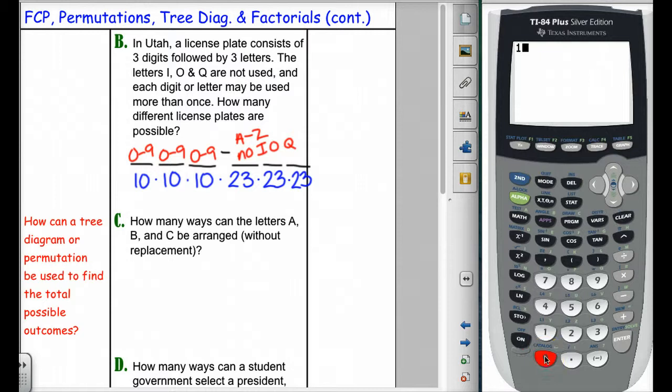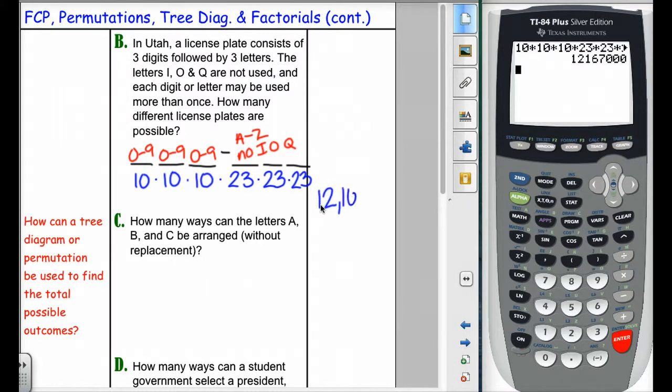If we take 10 times 10 times 10 times 23 times 23 times 23, we get an answer of 12,167,000 different possible license plates.